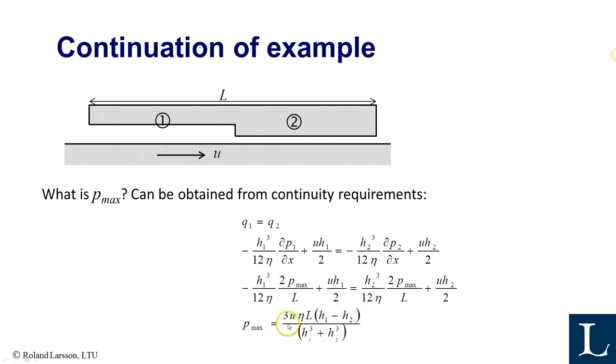So you see here that the maximum pressure is higher the higher the speed is, the higher the viscosity is, the longer the bearing is. And you can also see that the bigger the difference between the 2 steps, the height here and the height here, the bigger the pressure is also.